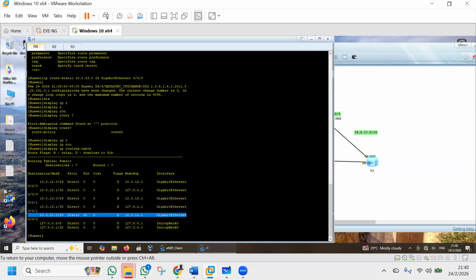So for the router to know that network, you need to configure it statically. So that's a static route you configure, for this network 10.0.23.0/24. Then you can see the protocol is now static and the preference is 60, but for direct routes the preference is 0. The lower the preference, the more it is preferred.